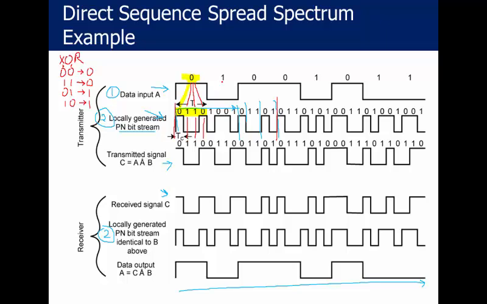Again, if we have 1 and 1, it returns 0 because they are the same. 1 and 0, it returns 1. They are different. 1 and 0, they are different, so it returns 1. 1 and 1, they are the same, so it returns 0, right? So all the way.